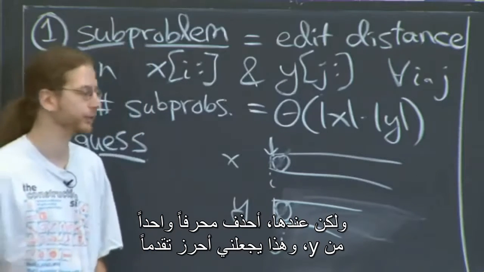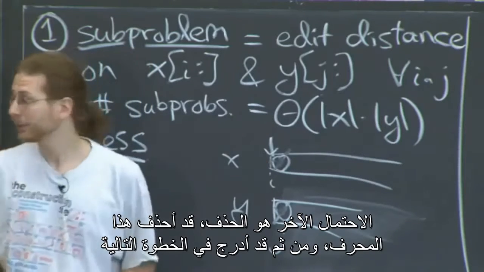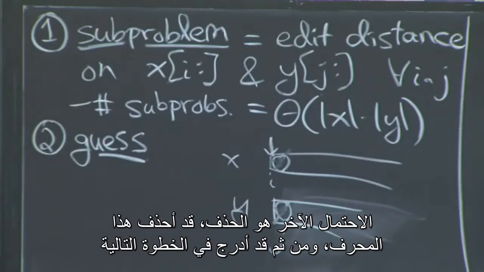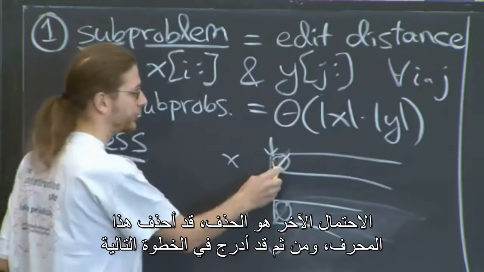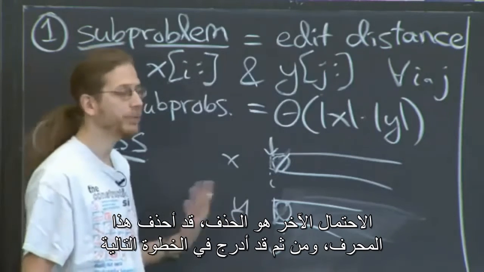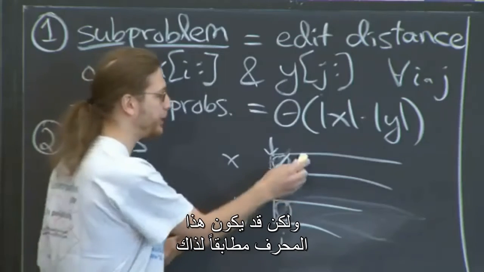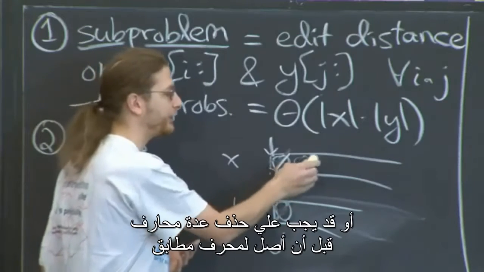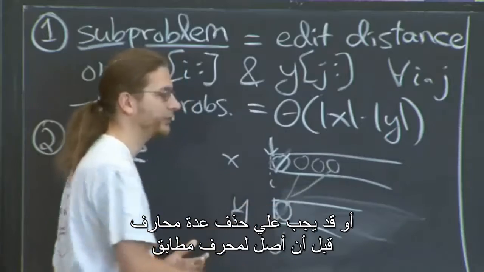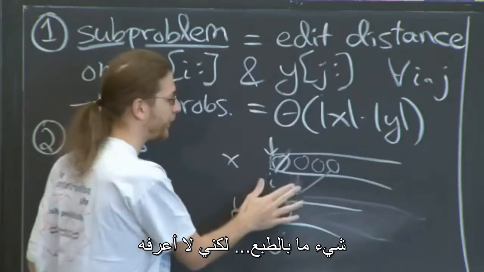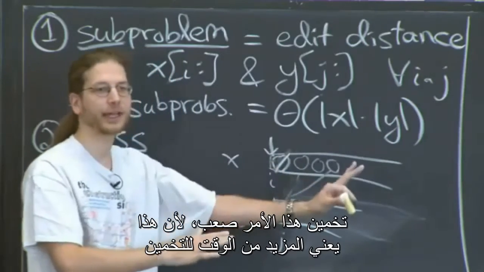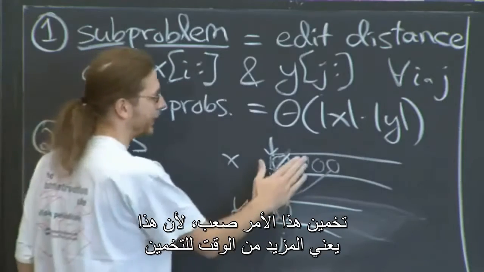So that's progress. The other possibility is deletion. So maybe I delete this character. And then maybe I insert it in the next step, but it could be this character matches that one, or maybe I have to delete several characters before I get to one that matches. But I don't know that. That's hard to guess, because that would be more time to guess.